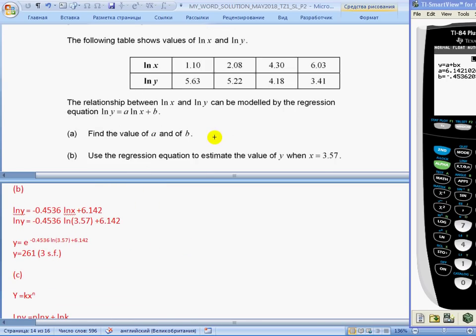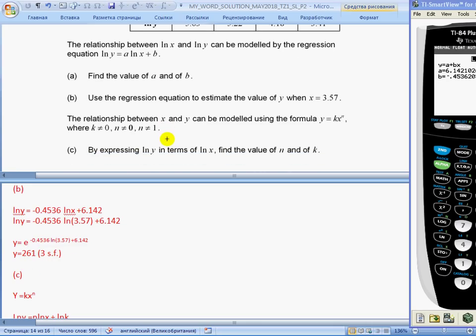Next, use the regression equation to estimate y when x equals this value. So we substitute into our regression line formula 357, then we take e to these powers and we calculate and we get 261. Very easy calculation.